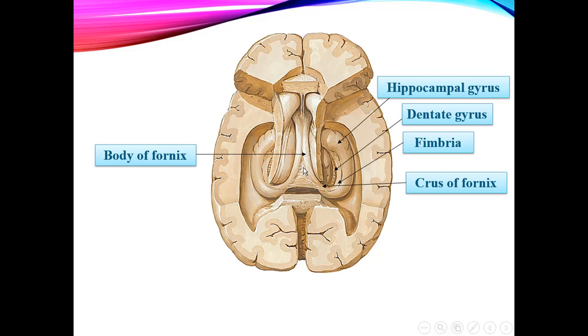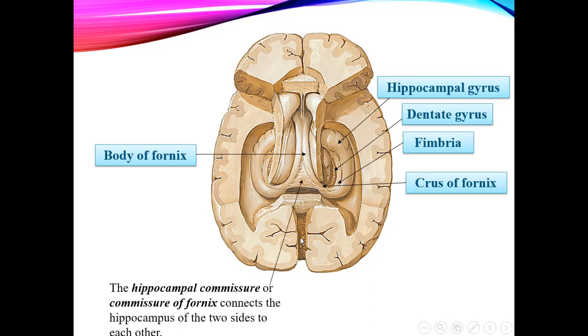And here, as you see, there is a connection between the right fornix and the left fornix. This connection is called the commissure of the fornix, or hippocampal commissure, because this commissure connects the hippocampus of the 2 sides to each other.